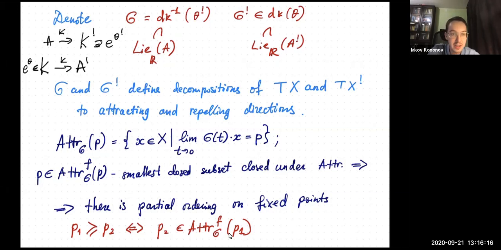As usual, define the attracting set of a point P to be the set of points such that the flow corresponding to sigma acting on that point, in the limit, gives P. Then take the closure of such varieties, and we have the full attracting set to be the smallest closed subset which is closed under taking attracting sets, and it defines a partial ordering on fixed points.